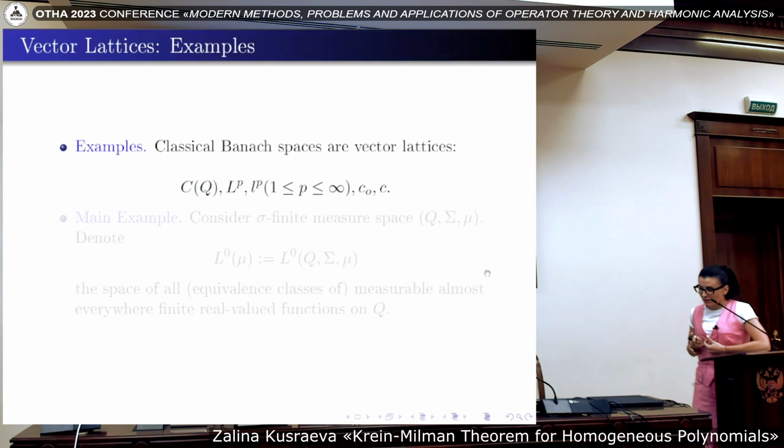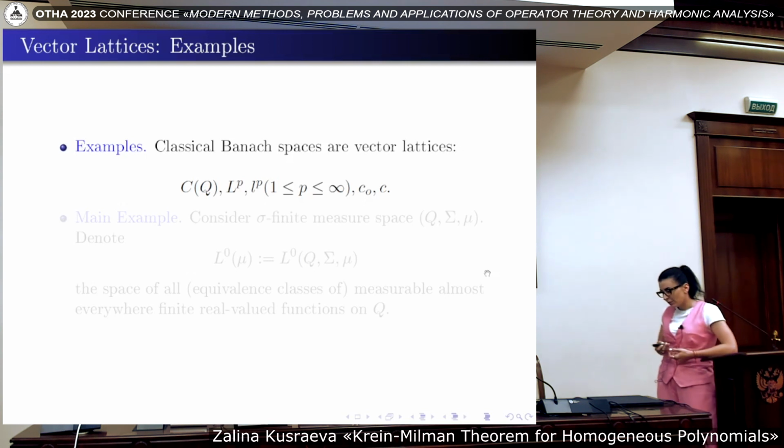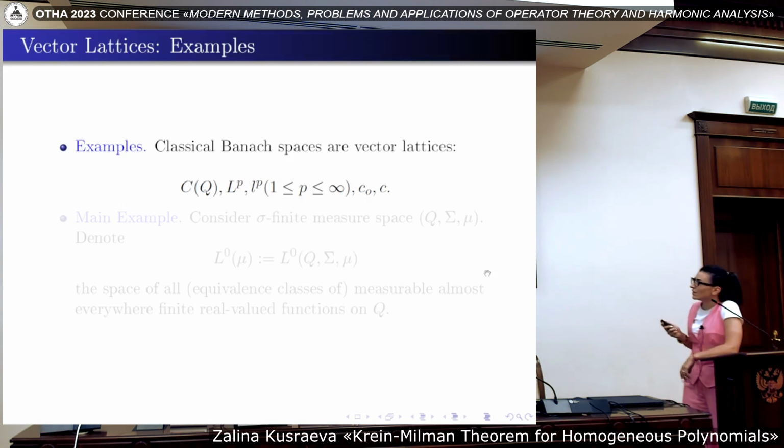All classical Banach spaces are examples of vector lattices with ordering, which, if we speak about the space of functions, is introduced pointwise. If we speak about the space of sequences, it is introduced coordinatewise.